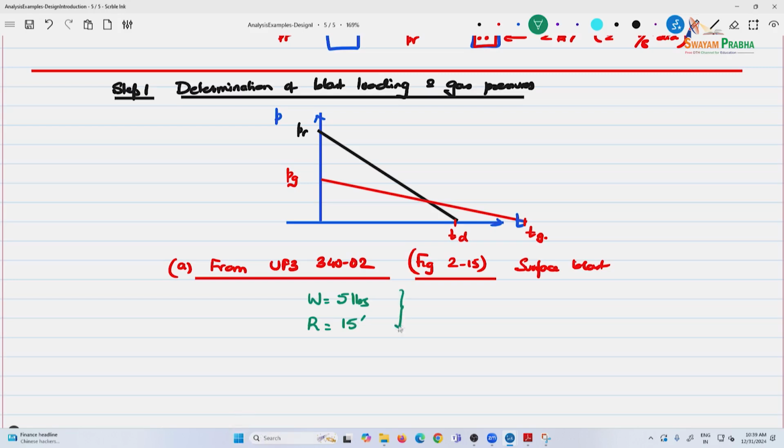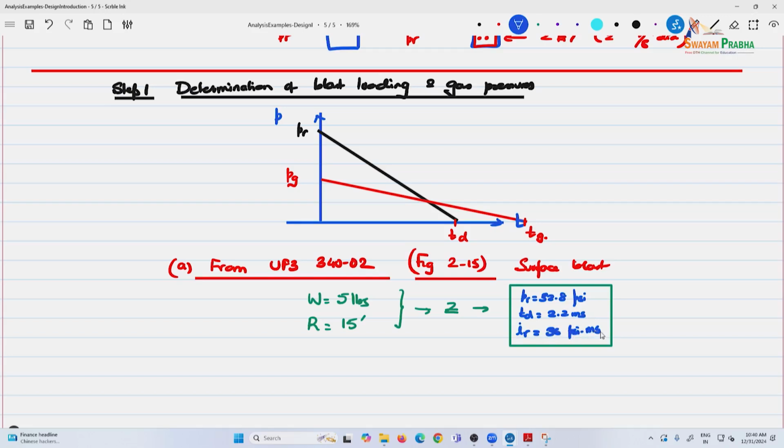From here you calculate your Z, and you get the following values: PR is 32.8 psi, TD is equal to 2.2 milliseconds, and IR is 36 psi milliseconds.